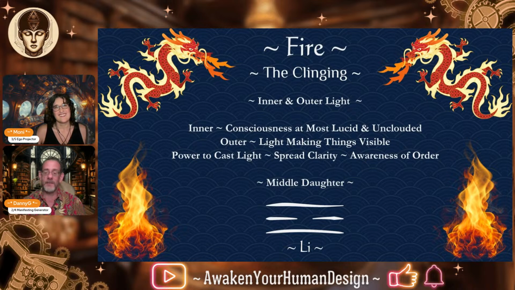I'm not sure what to say about fire, except it seems to go perfectly with what we just had before. Thunder and lightning will make fire ultimately, sooner or later. But this fire and this whole clinging, I'm thinking of gate 31 here. I don't know if this trigram is part of gate 31. Yeah, because it's the clinging fire.